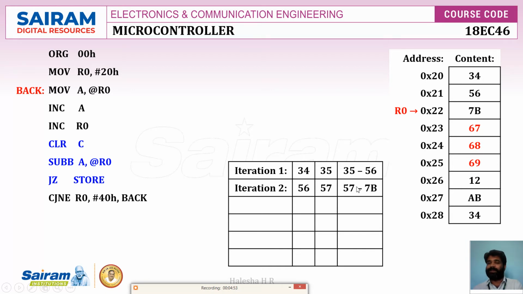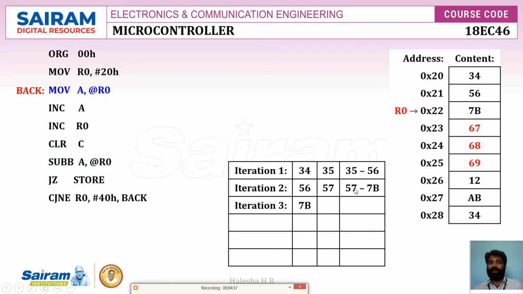Again the result is not 0, so it goes back, executing the first instruction from the back. It gets the third number, 7b, increments it to 7c, increments the pointer to point to 67, and does the comparison by subtracting 7c minus 67. Again they are not 0, so it will go back again.